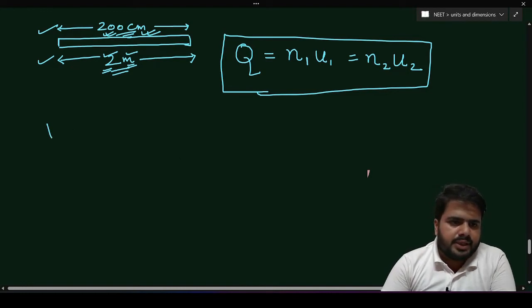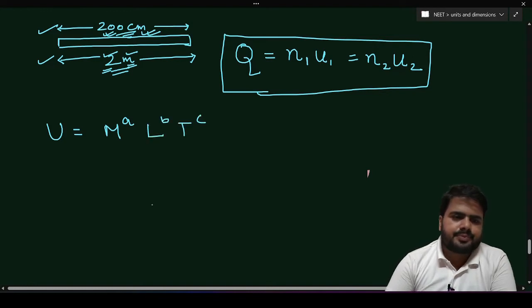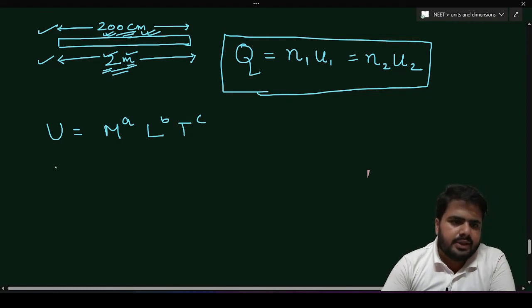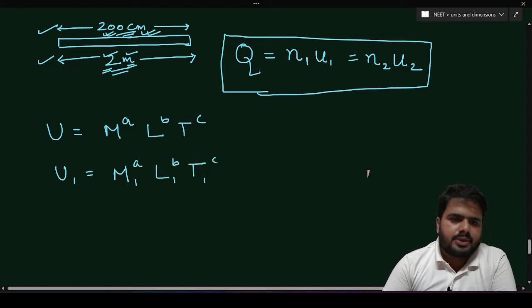One unit can be expressed in dimensional form as m to the power a, l to the power b and t to the power c. Similarly, unit 1 can be expressed as m1 to the power a, l1 to the power b and t1 to the power c.